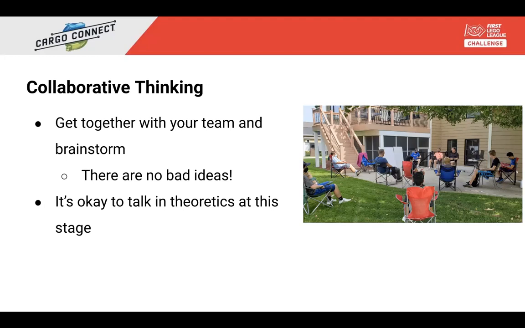As a team, you'll need to get together and brainstorm different ideas based upon what you know so far, whether that be the reveal trailer or maybe a similar game from a previous season. In the picture on the right, we're all gathered around a whiteboard and pitching our ideas to each other. This not only helps get ideas moving, but also ensures that everybody on the team can get involved in some way. It's okay to talk about theoretics at this point.